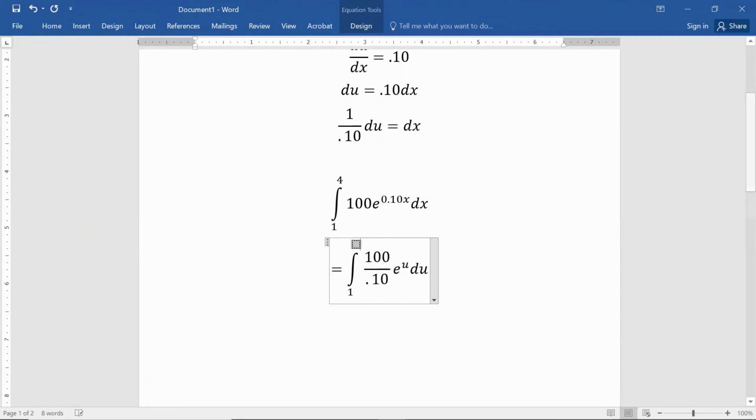Now, most of the time, we just leave off the bounds or we pretend that they've changed.